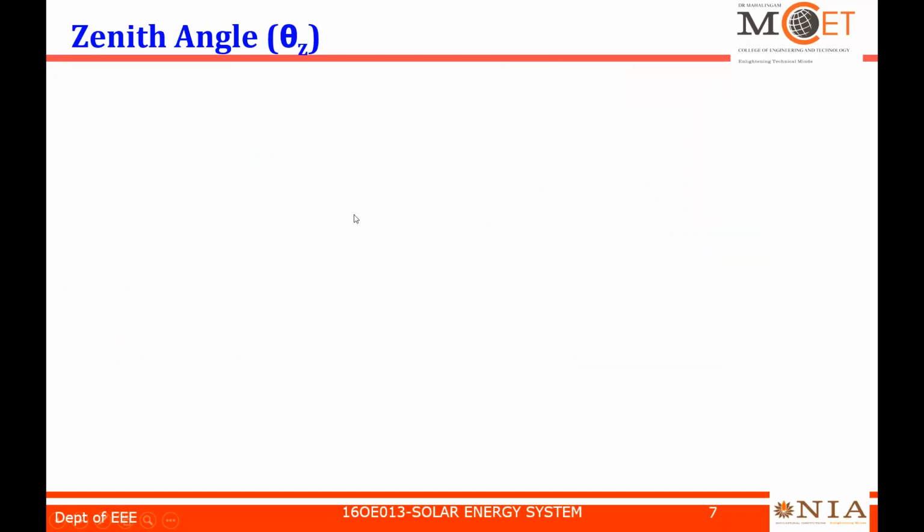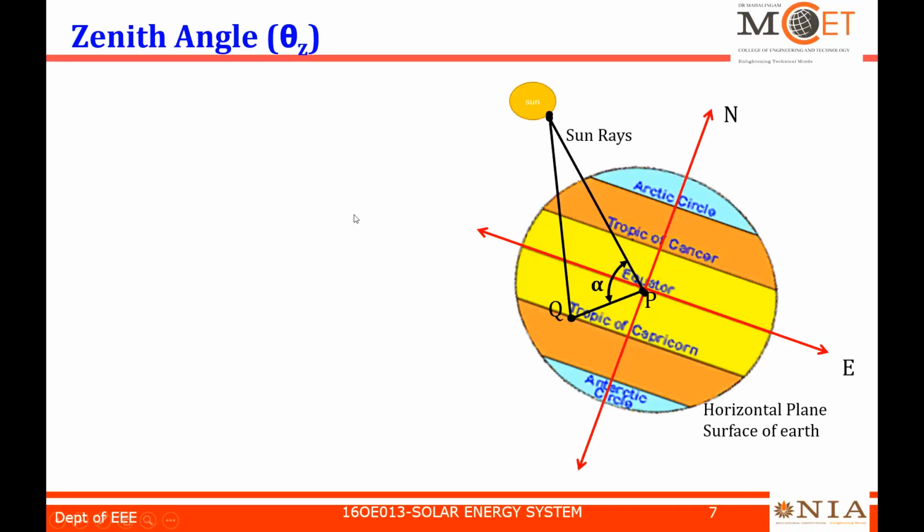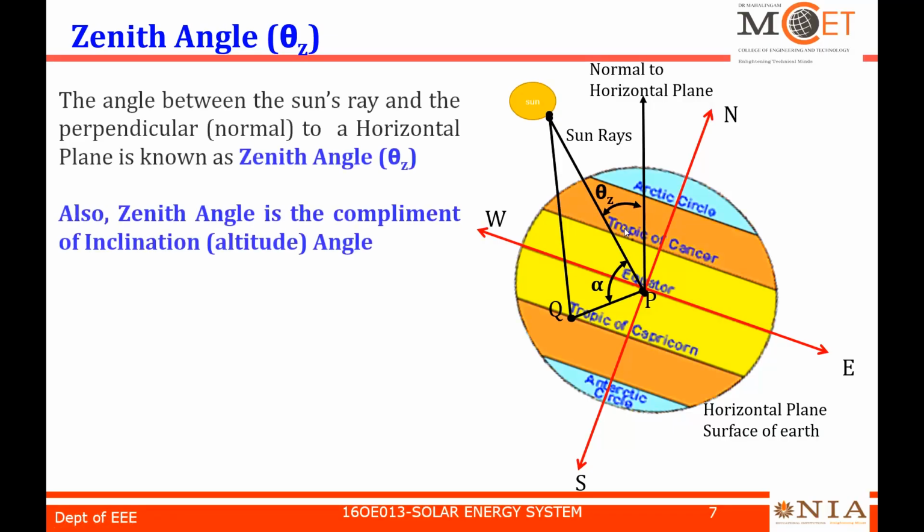Zenith angle theta z. In continuation with the inclination angle, from point P, draw a straight line normal to the horizontal plane. The angle between the normal to the horizontal plane and the sun's ray is called the zenith angle.